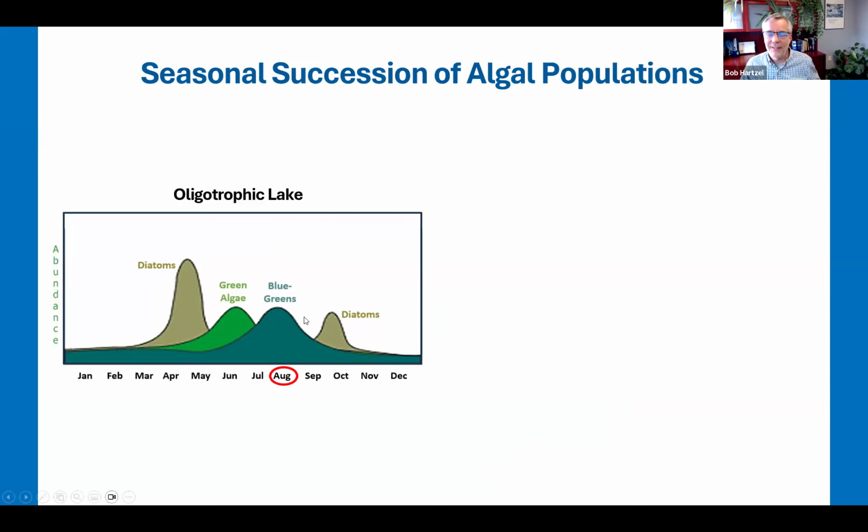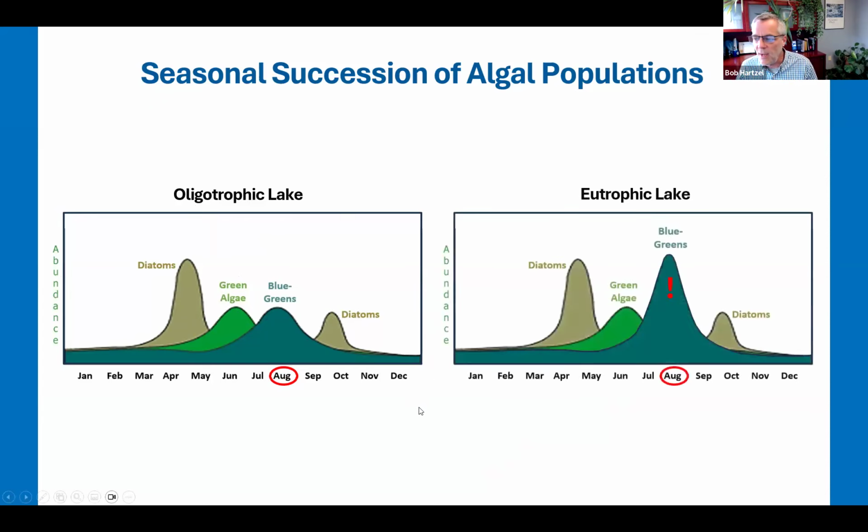So this is just a very general construct for a geologically young lake that is not very organically or biologically productive. For lakes that are a little further along in the aging process, and we'll talk more about this in a bit, this is what happens.